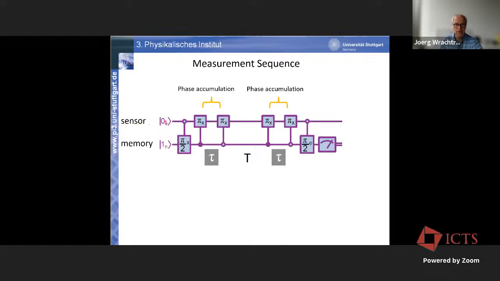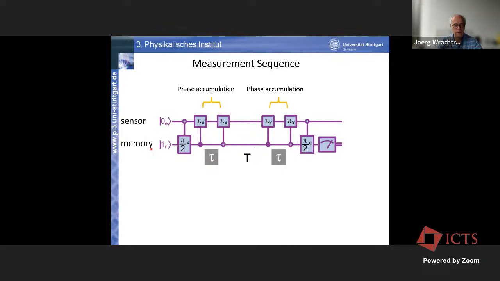This is the first line you see here. And typically when we start quantum sensing, we initialize the sensor into one of its spin eigenstates, say 0. Because of the limited spin relaxation time of the electron spin and also its dephasing time, we use a second qubit, which is a nuclear spin, which is hyperfine coupled to the electron spin.